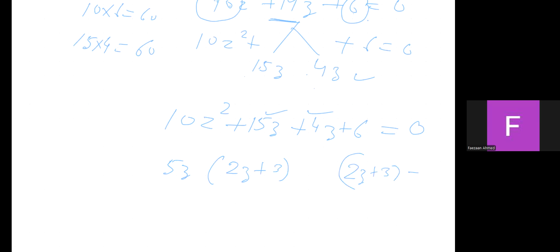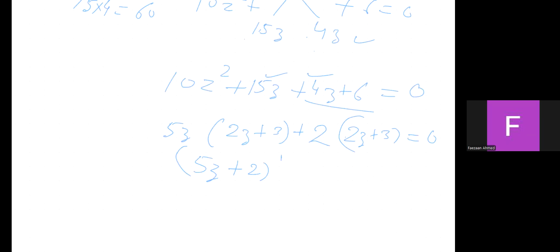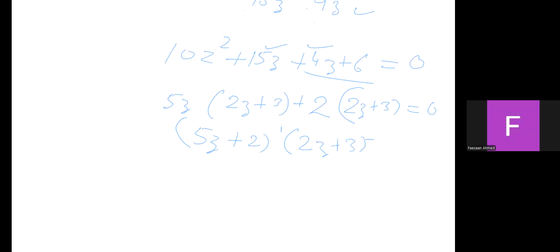What will you multiply so that you get these two terms? Maybe this. Now you get 5z plus 2 as one, and you had taken 2z plus 3 as your common part. Is it done? You have two expressions multiplied, you factorize this. Yes, it is. So you can take any one of them as equal to 0 and you get the value of z.